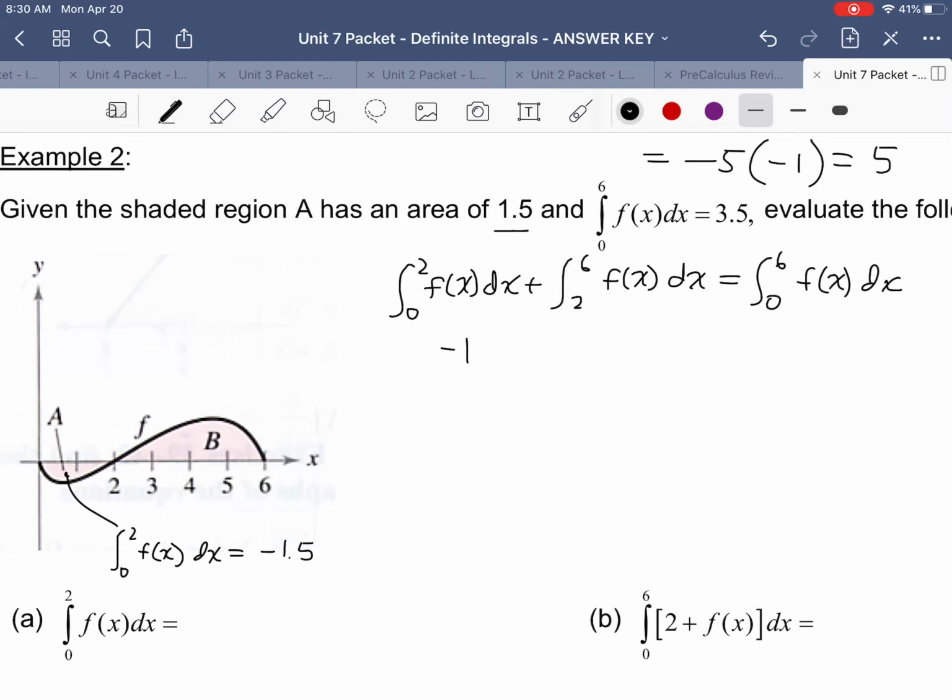So we just discovered, by adapting one of our properties, that the integral on the interval of 0 to 2 is negative 1.5. I have no idea what the integral on the interval of 2 to 6 is.